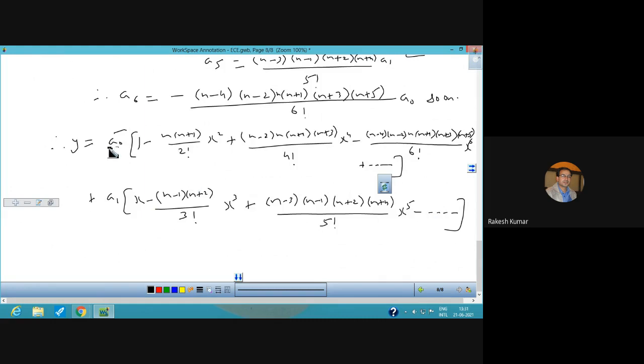तो ये कोफिशिएंट आ गया है a नॉट का, and this is the coefficient of a1, and it can be written as a naught y1(x). इस फर्स्ट ब्रैकेट को आप y1(x) दे दीजिए, एंड सेकंड ब्रैकेट को आप y2(x) का नाम दे दीजिए.